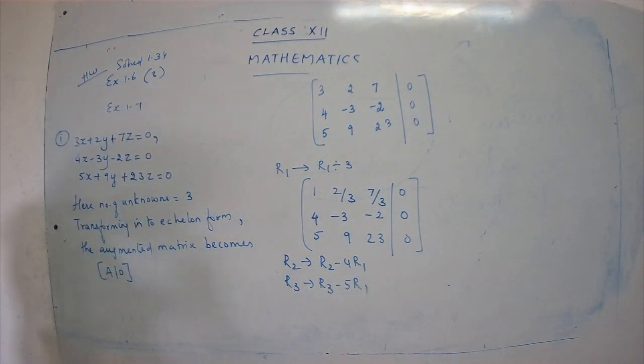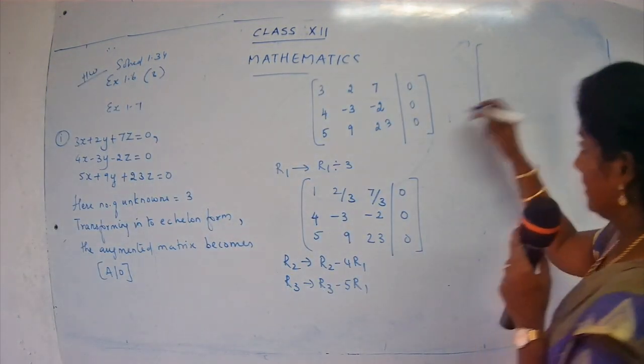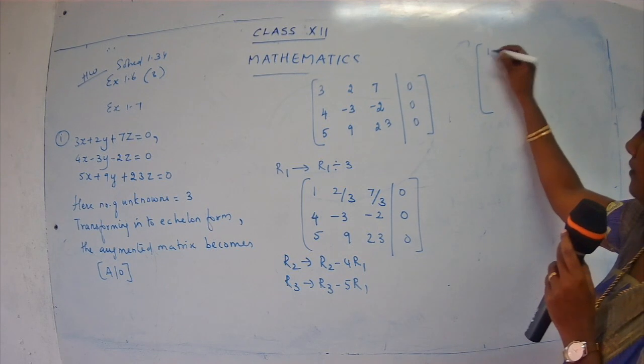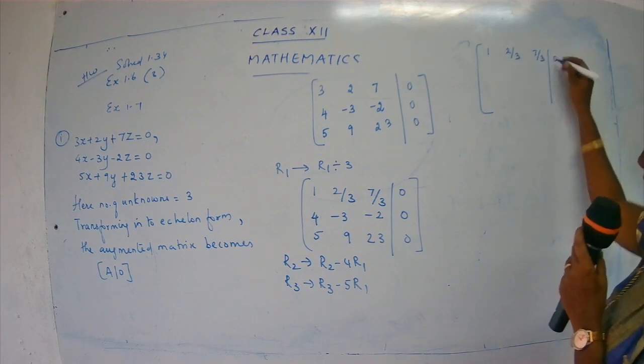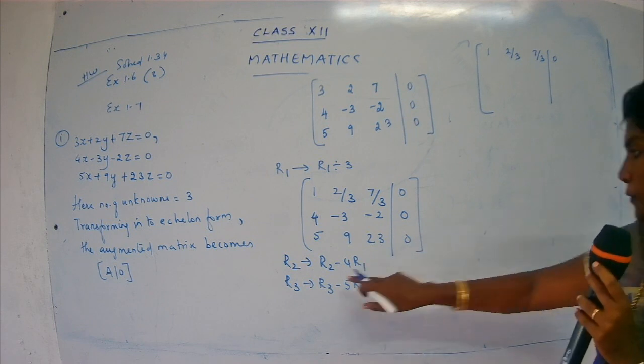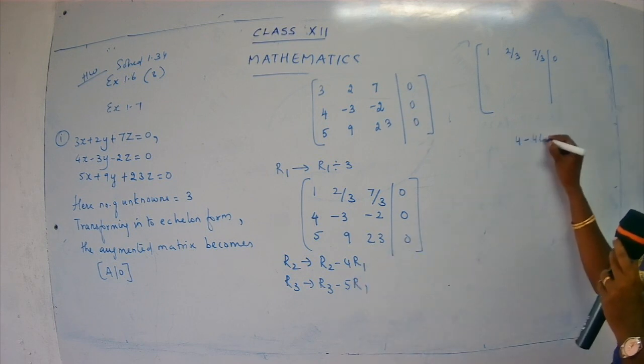So what are the changes we are going to do? R2 changes to R2 minus 4R1 and R3 changes to R3 minus 5R1. Let's complete R2 and R3, children. I'm not changing the first row. So 1, 2 upon 3, 7 upon 3, 0. Let's go for R2 minus 4R1. So 4 minus 4 into 1, 0.